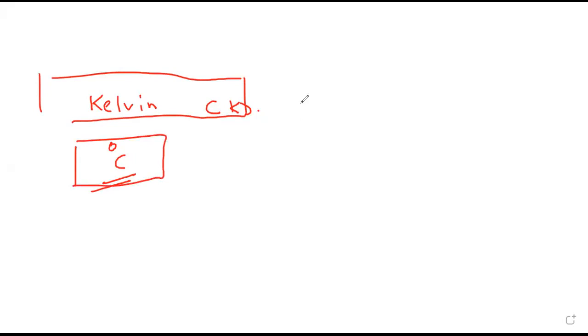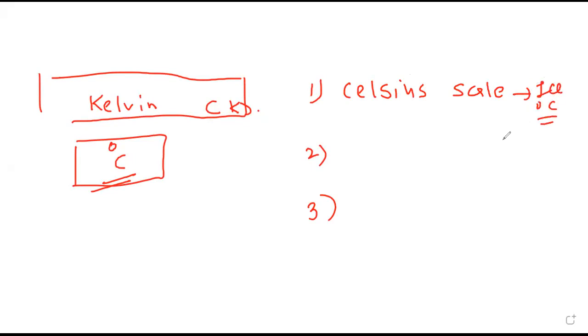So there are three favorite scales for measuring temperature. One is called the Celsius scale. Here the starting temperature is called the ice point, which is marked 0 degree, and the final temperature is called the boiling point in the thermometer.